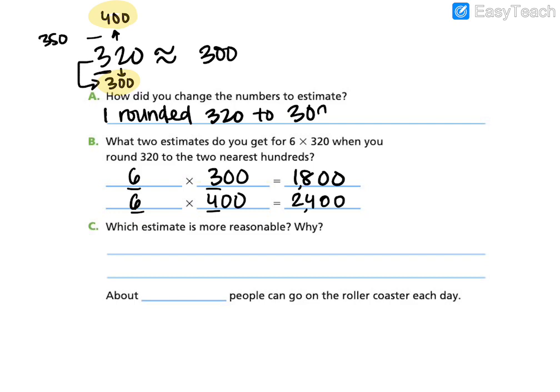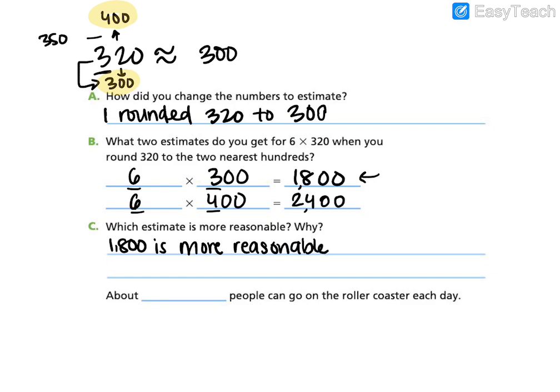And now it's going to ask us, which estimate is more reasonable? We gave 2 estimates here because it asked us to. Which one of these is more reasonable? The more reasonable estimate would be 1,800. And why is that? So you can say 1,800 is more reasonable.